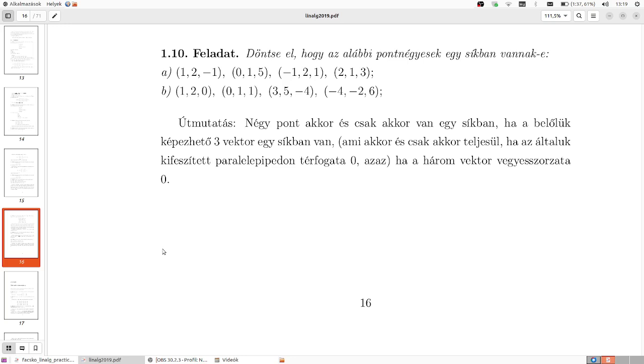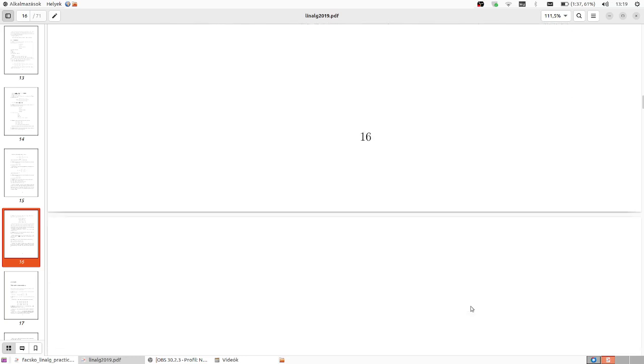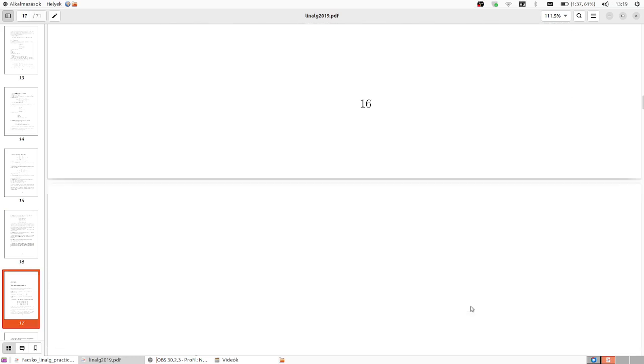It exists, so the 4 points are not in the same plane. If you get a negative volume, the sign of the volume is not important. If the points are in the same plane, the volume should be 0, because then the parallelepiped is not a parallelepiped.